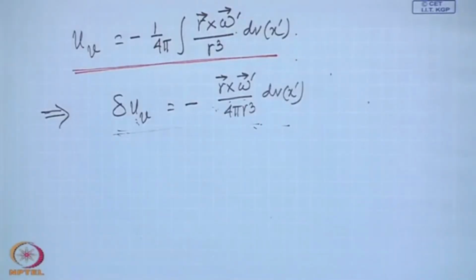You have not come across this relation in electromagnetics, where the vorticity is replaced by the current density and the velocity field is replaced by the magnetic field. And you used to call that relation the Biot-Savart law.